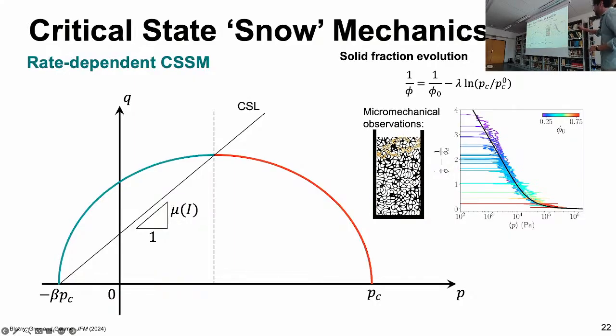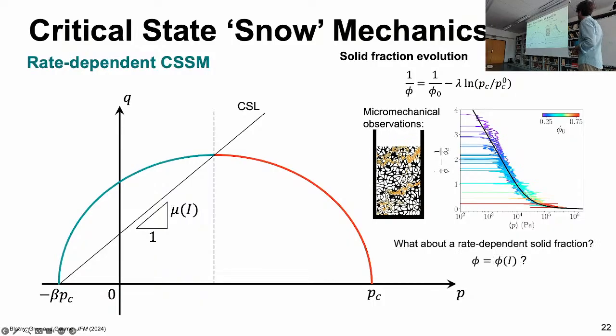This is a little bit of a digression, but it is not the phi of I rheology that you might know. For those of you who are familiar with the mu of I rheology, there's also the phi of I rheology, where the solid fraction is found to decrease typically linearly with the inertial number. This is not what we are imposing here, but qualitatively at least, I will show you that we can get quite similar results as well.